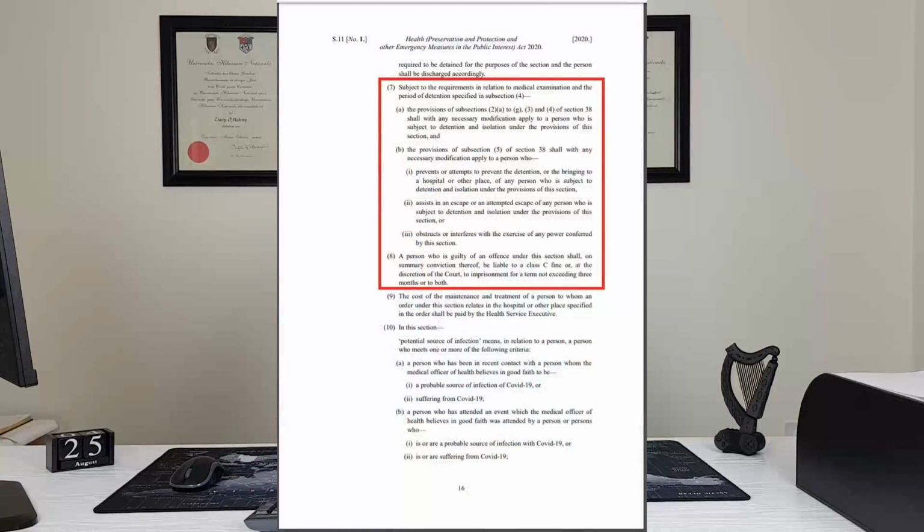The next section of note is section 38A7A, which provides that subsection 4 of section 38 of the Health Act 1947 applies to the detention.